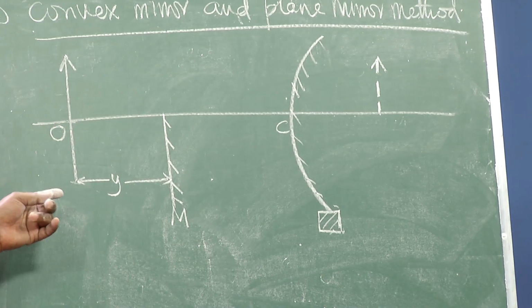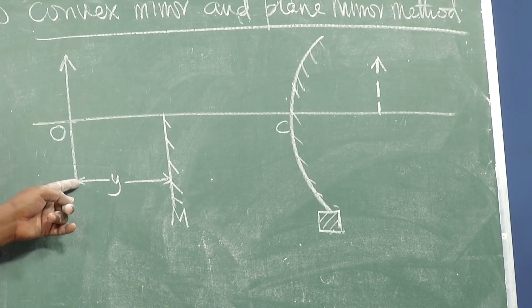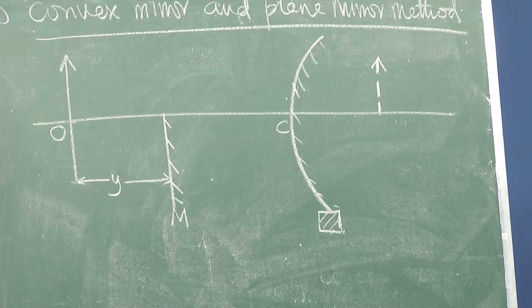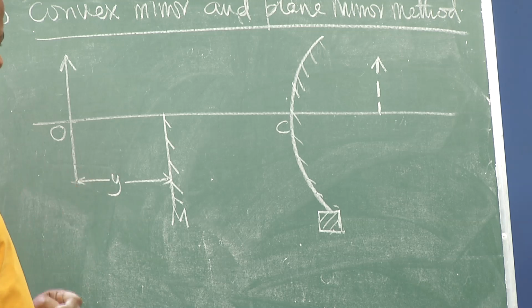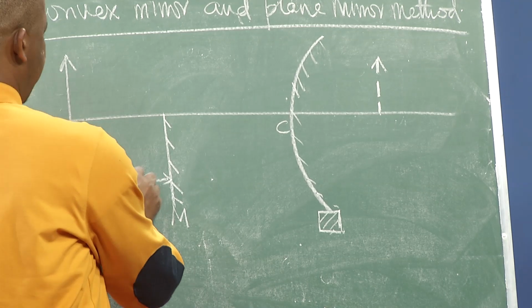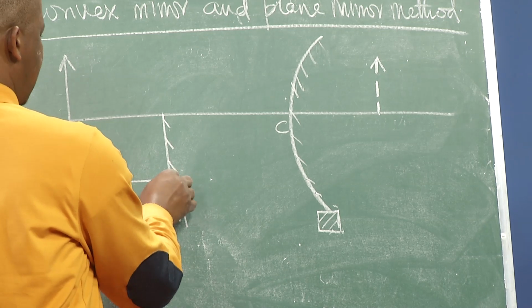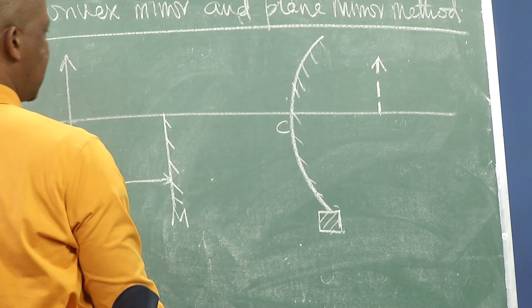from the properties of plane mirror image formation, the object distance is the same as the image distance. For purposes of the explanation, I will say it is not drawn to scale.